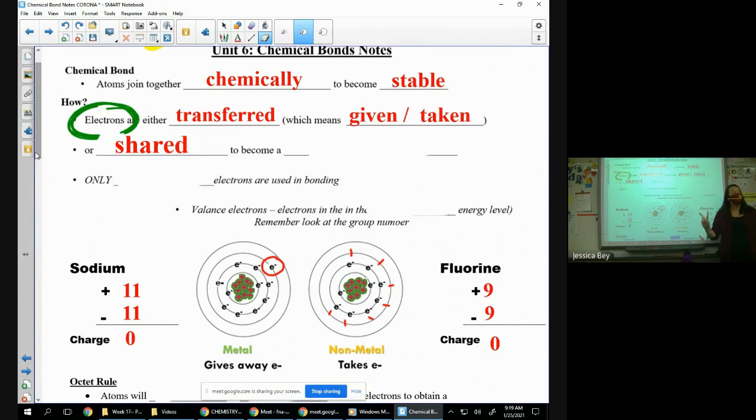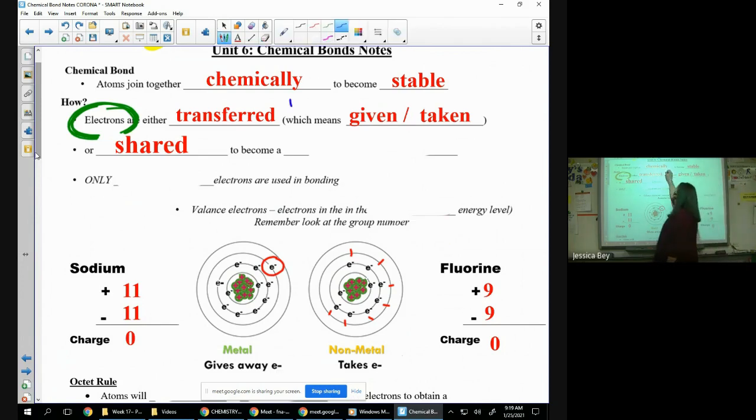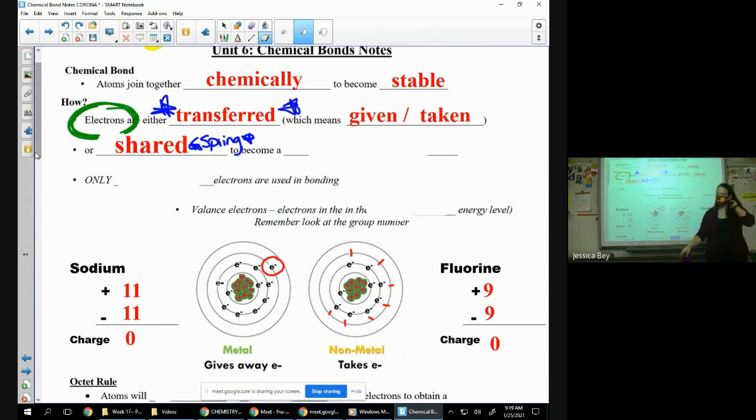For this unit, we are going to talk all about transferring. That's going to be an ionic bond. Okay? Shared, we're going to talk about more in the spring. But just so you know, there's 2 types, ionic and covalent bonding. And when they transfer or share, then they become a new chemical.